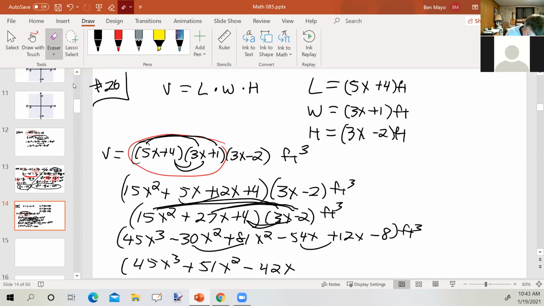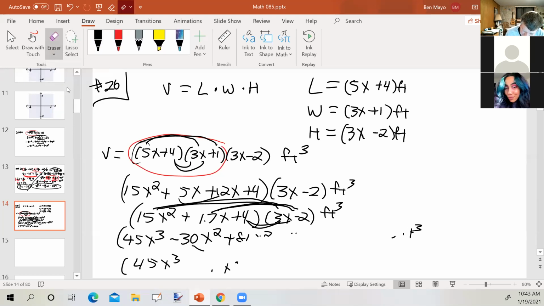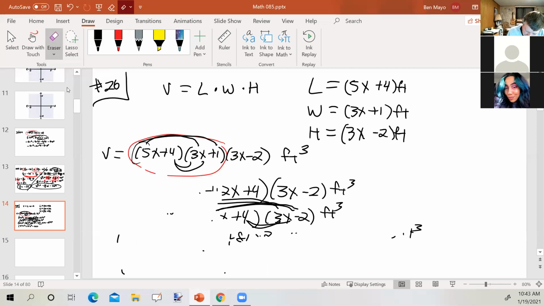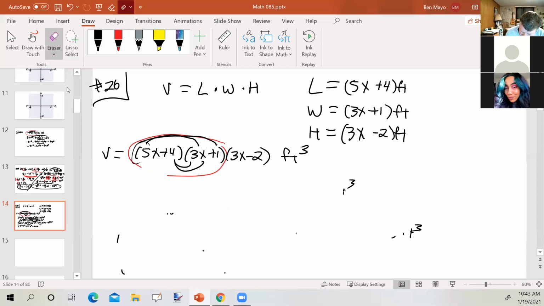Too much of a hurry. So then that makes this 17. Don't panic, we can solve this. Yeah, that's going to change everything, isn't it? I'm going to go back and fix this. I think I read that parentheses out in front as a 1 instead of parentheses. So let's fix this.